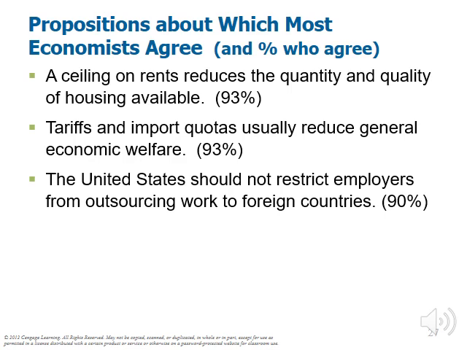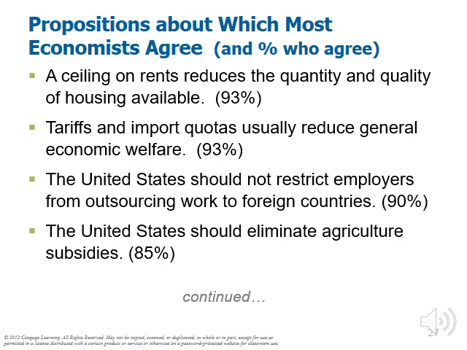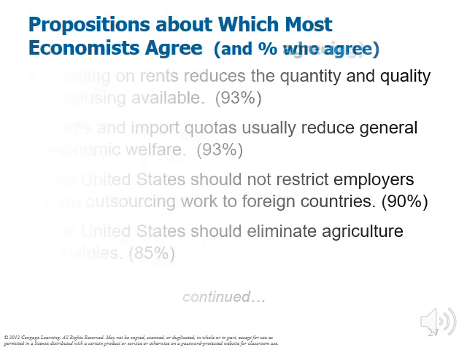The United States should not restrict employers from outsourcing work to foreign countries. 90% of economists agree that regardless of national identity, firms should be able to search the whole productive landscape for the most efficient inputs. The United States should eliminate agricultural subsidies. 85% of economists agree that spending money to prop up farmers and inefficient U.S. agriculture is probably a waste of money.